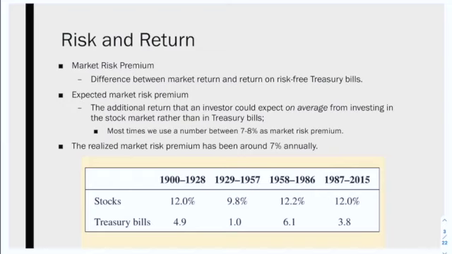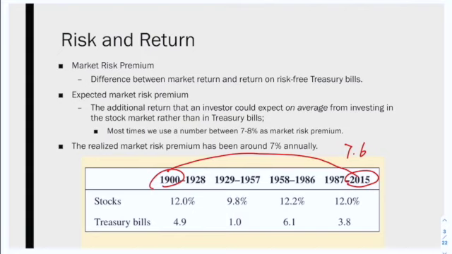We often use the treasury bill as the risk-free asset and the return from the S&P 500 index as the market return. And we talk about how the realized market risk premium can be different depending on what time frame we have selected. If we look at the average market risk premium all the way back from 1900 to 2015, from chapter 7 we calculated the average risk premium is 7.6.